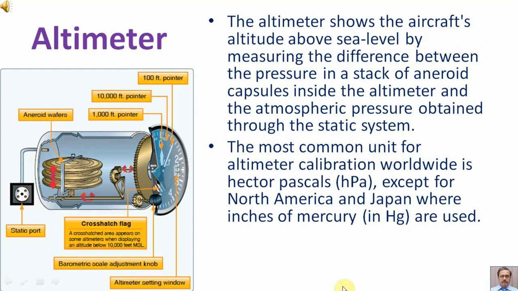The most common unit for altimeter calibration worldwide is hectopascals, except for North America and Japan, where inches of mercury are used.